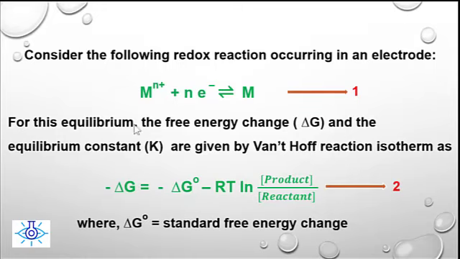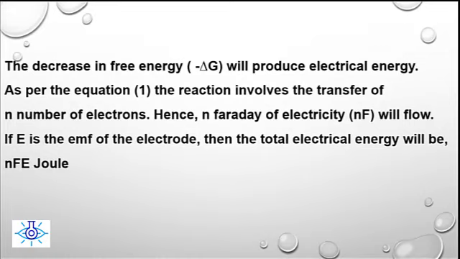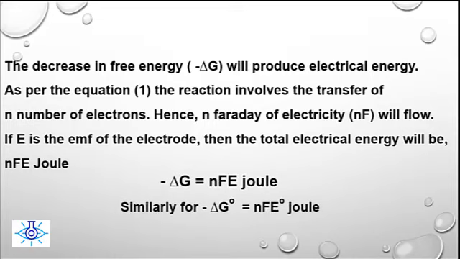As per equation 1, we notice here that the reaction involves n number of electrons. Therefore, n Faraday of electricity is obtained. If E is the EMF of the electrode, the total electrical energy will be nFE joules. So -ΔG = nFE joules.